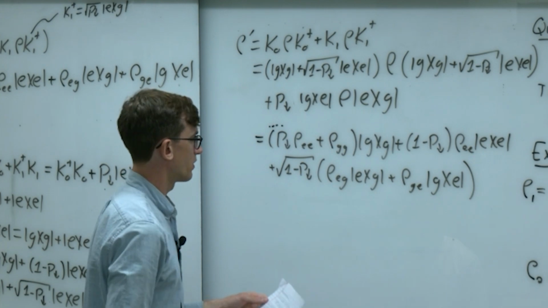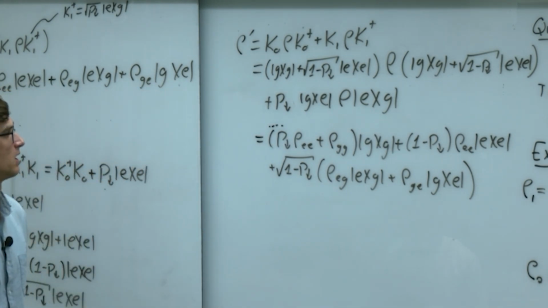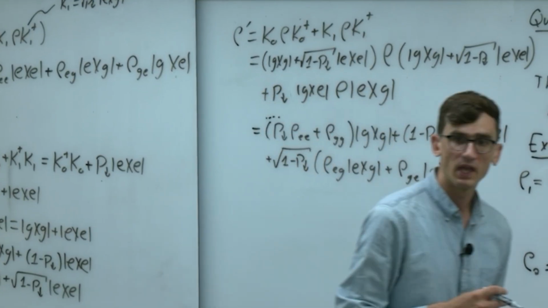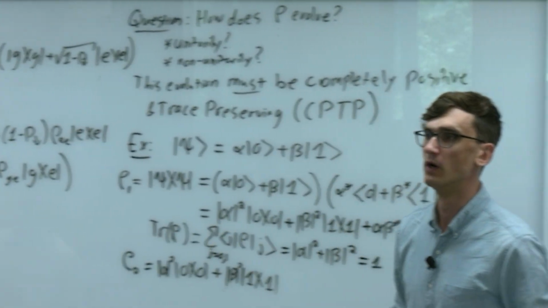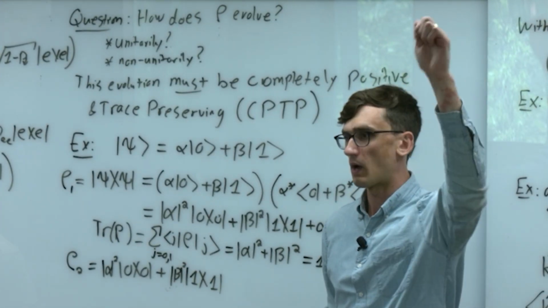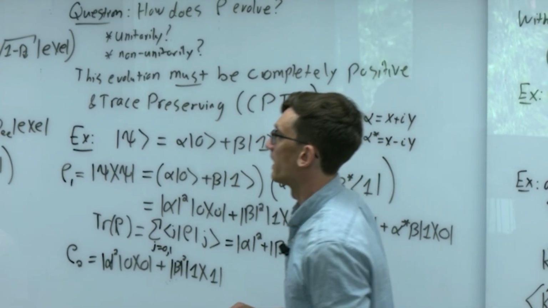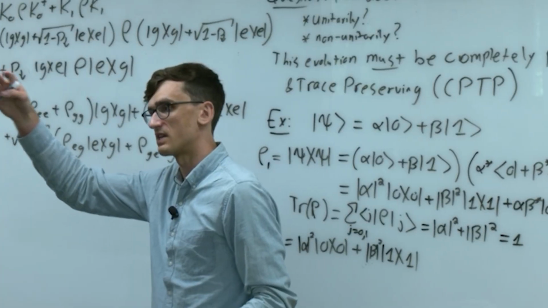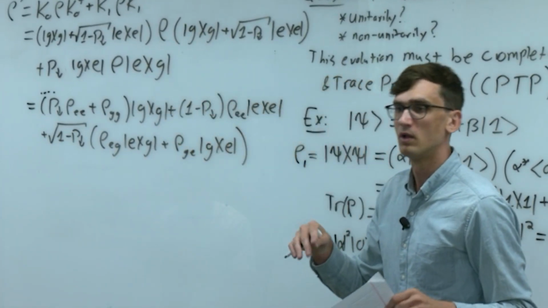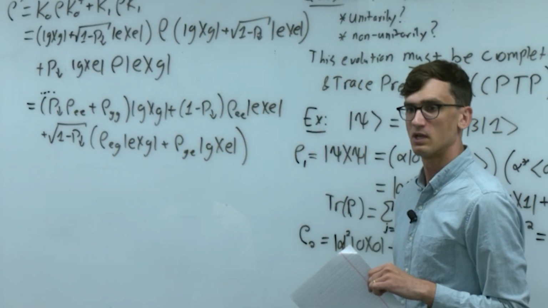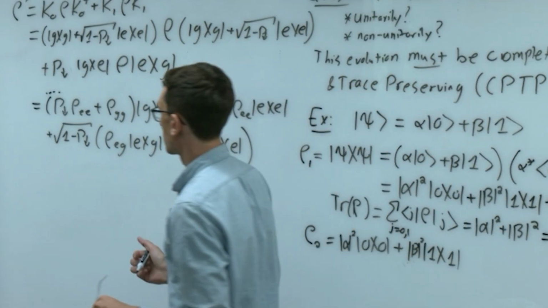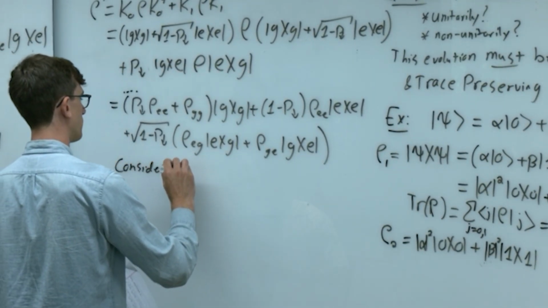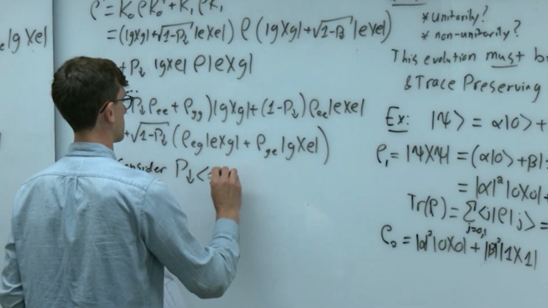So let's consider now, to gain a little bit more intuition for this, the case where p down is small, right? So this is a normal case that we consider, like here at Yale across the street, right? We have superconducting qubits, and they have pretty good lifetimes. The probability of having a decay from the excited state to the ground state is small compared with the gate times that we usually consider. So we'll consider p down much, much less than 1.